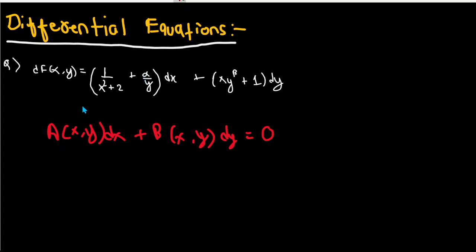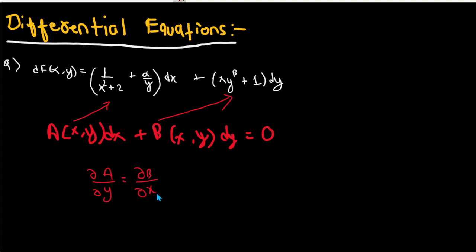Here our A is this quantity in the bracket and B is this quantity. There is a very important relationship between A and B, which is del A divided by del y equals del B divided by del x.